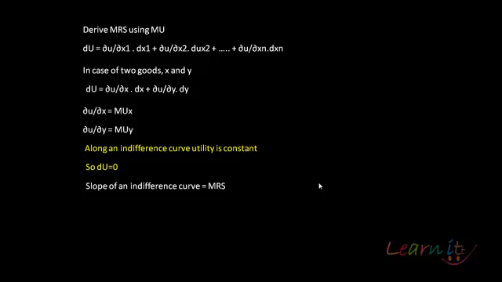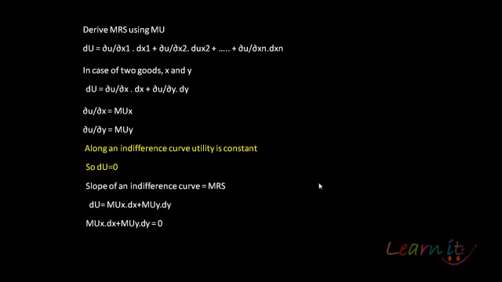We also know that the slope of an indifference curve, which is given by minus dy by dx, is nothing but the marginal rate of substitution. So we have the expression mux into dx plus muy into dy is equal to 0.